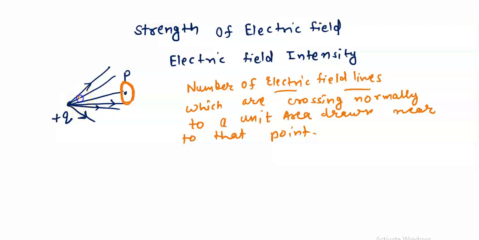So what will happen is, if we take a charge and draw electric field lines around it, we will be getting a solid angle here. You know the concept of solid angle. Steradian is the unit of that.